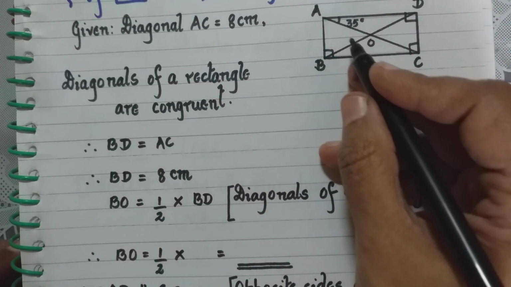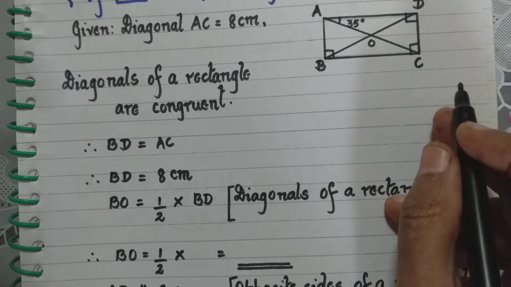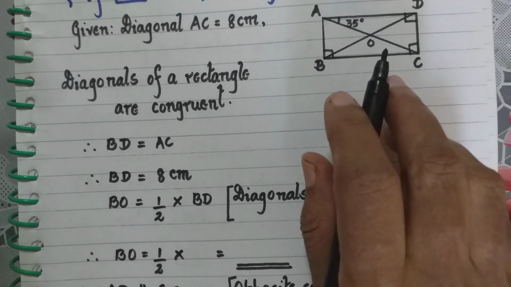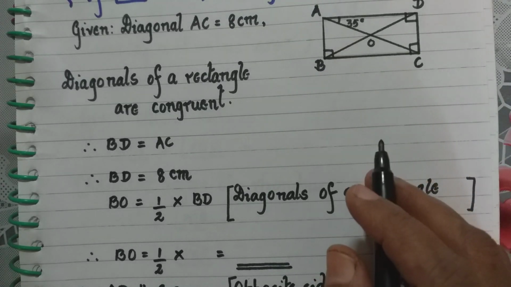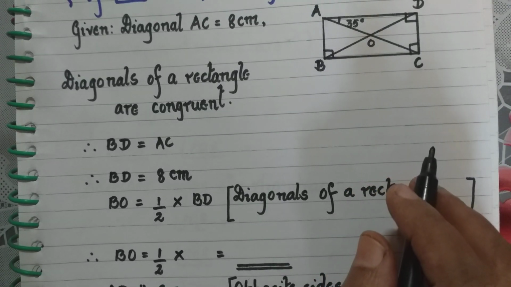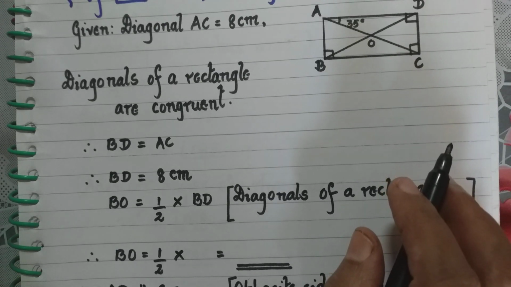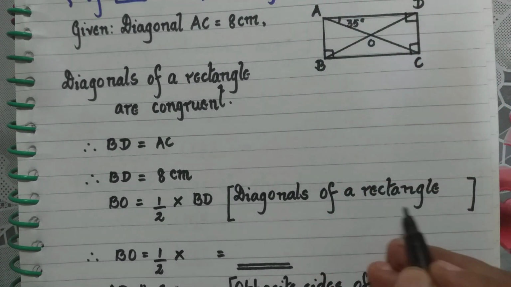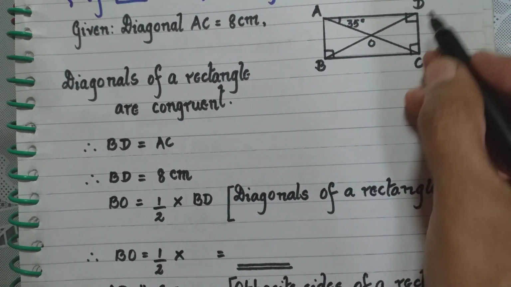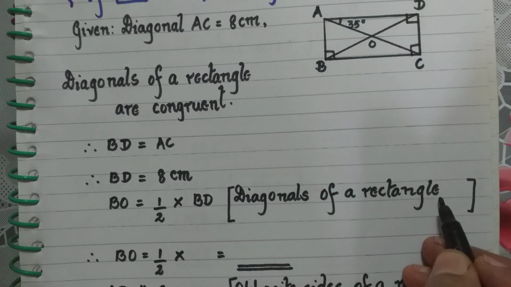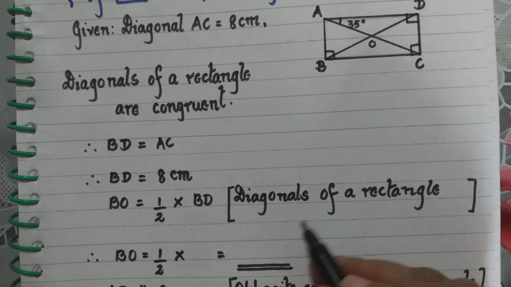Because the diagonals of a rectangle are bisectors of each other. Because the diagonals of the rectangle are bisectors of each other, therefore we can say that BO is half of BD. So this statement we completed.